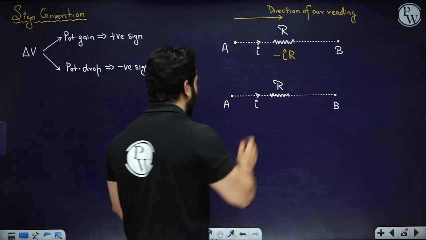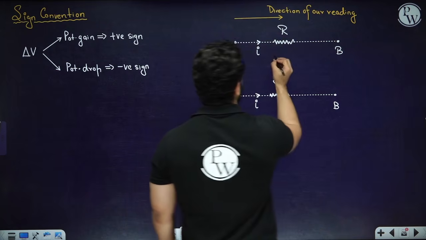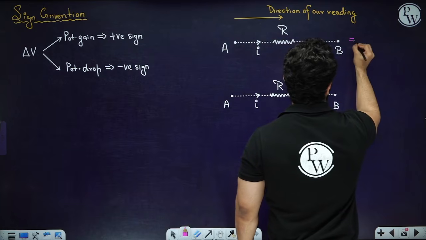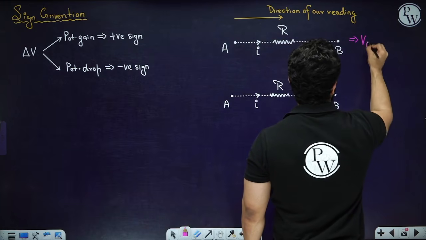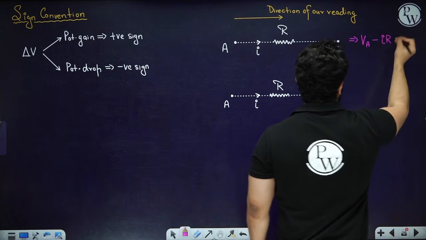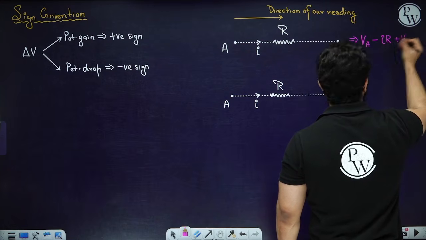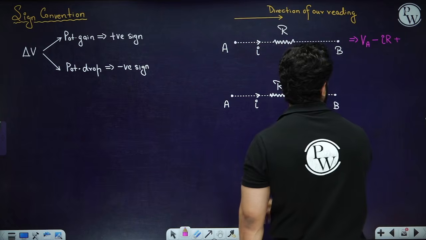So if I'm going to write the whole equation for you, I'm going to write it something like this. We are going to write VA minus IR and plus VB, whatever VB is, and then we again come back to the whole thing.